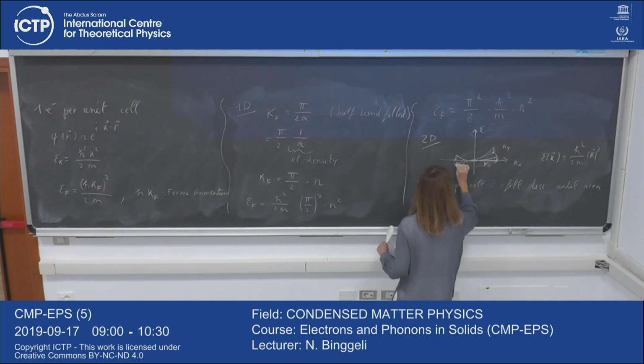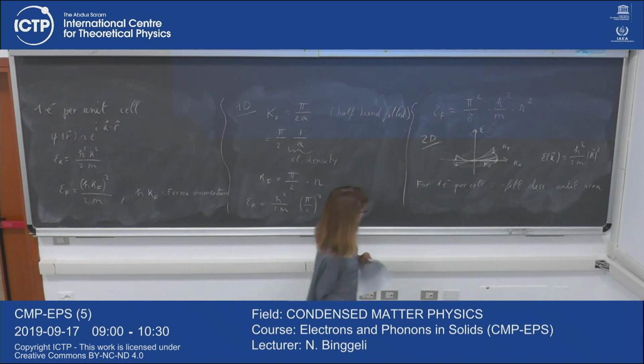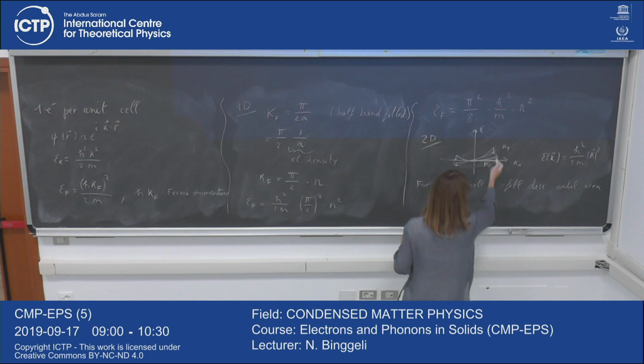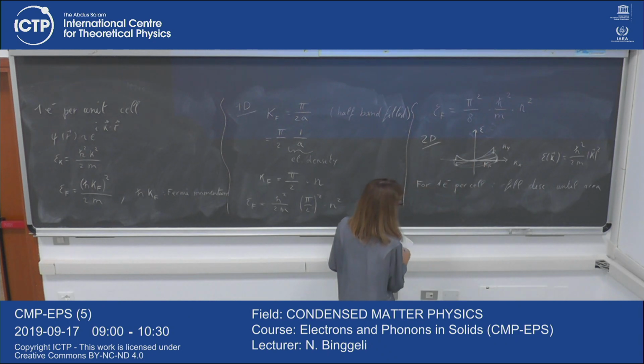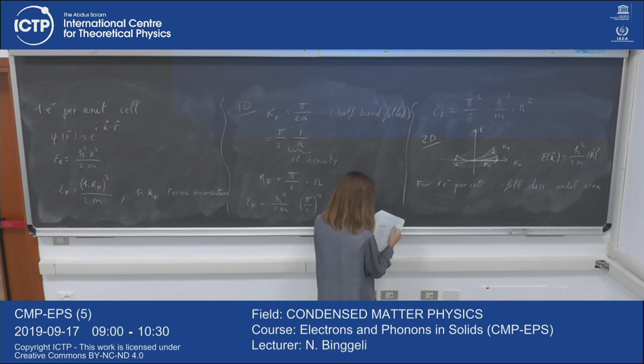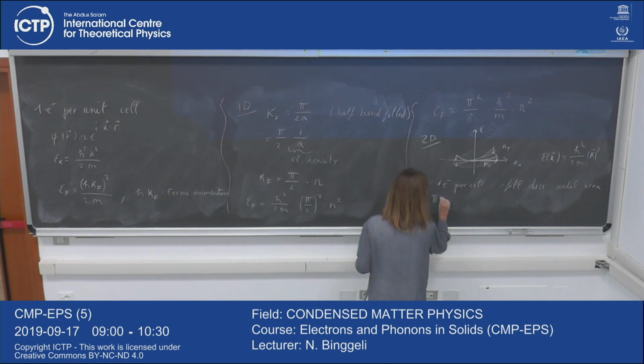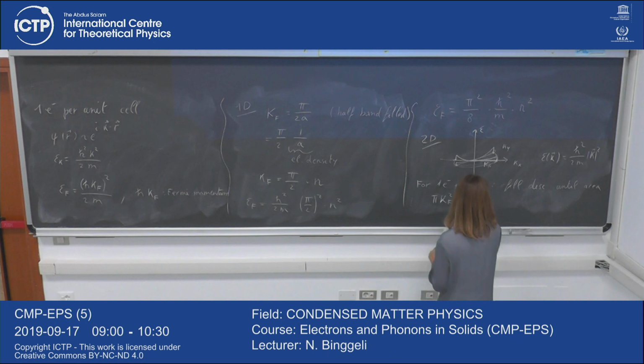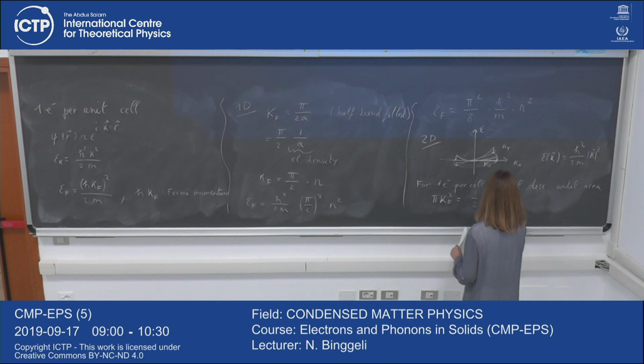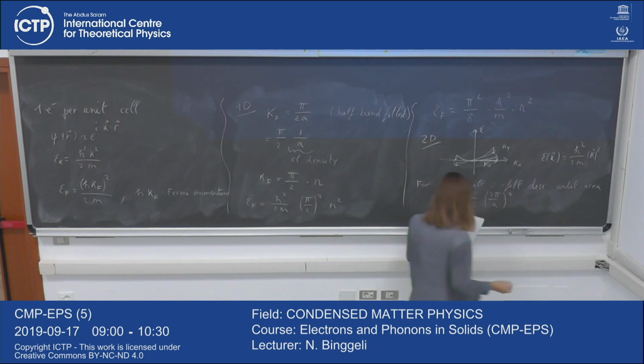So my circle is in k_x-k_y space, and I fill until the disk has an area pi k Fermi squared, this is the area of my disk, equal to 1/2 of the surface of the Brillouin zone, 2 pi over a squared. Sorry.